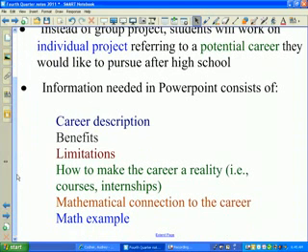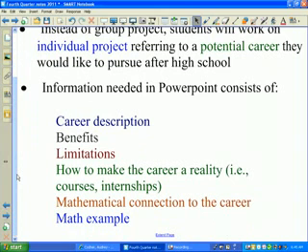If you have to take an internship, how long do you have to be in this internship before you can actually branch out on your own? So it's a lot of those detailed things, and this might require a little bit of research, okay? And as I said before in the classes, if they've done something similar to this within their other classes, they can use that same information for this. All they have to do is just composite all that onto PowerPoint slides.